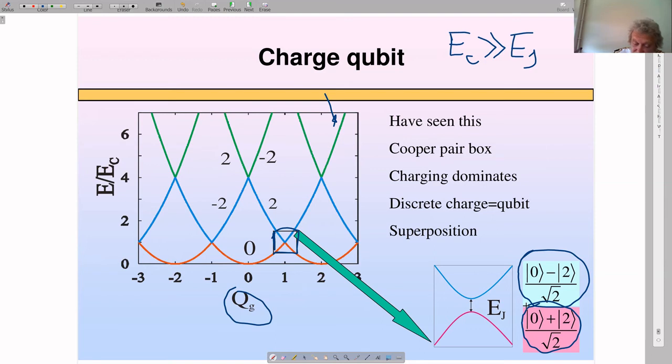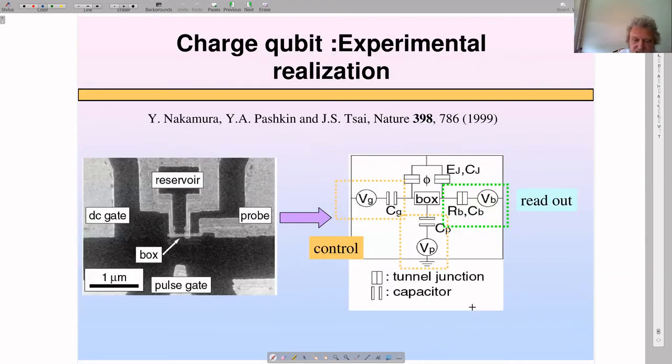Good, and there's some energy splitting for these two superpositions. Using these, people managed to realize, I guess, the first realization of a Josephson qubit. Let me talk a little bit about this pioneering experiment.